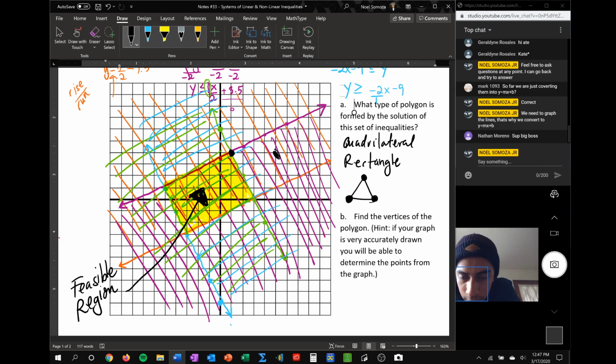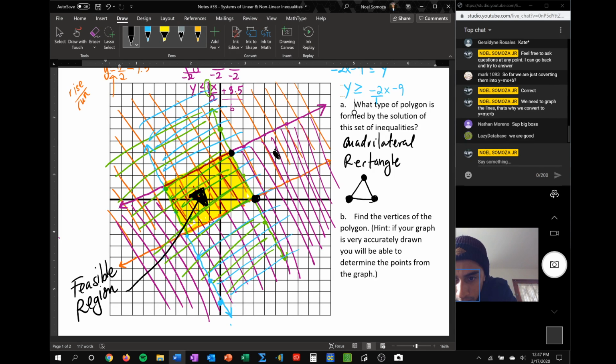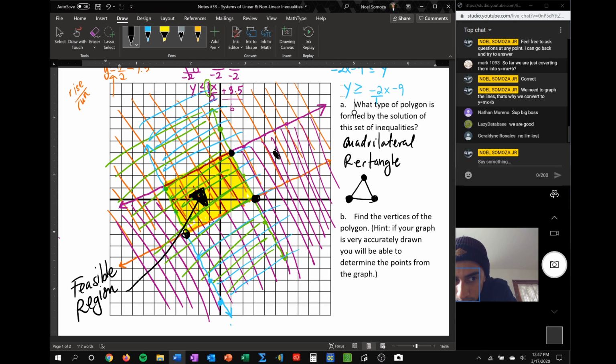I have another point right here between orange and green. Then we get another point right here between blue and orange. And then the last one would be right here.